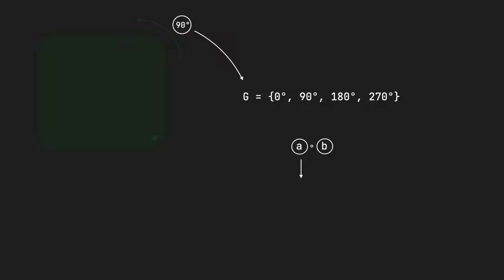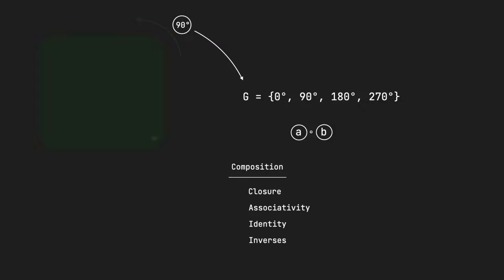So here are two angles being combined by an operation, and the composition follows some set of properties, some attributes: closure, associativity, identity, inverses.